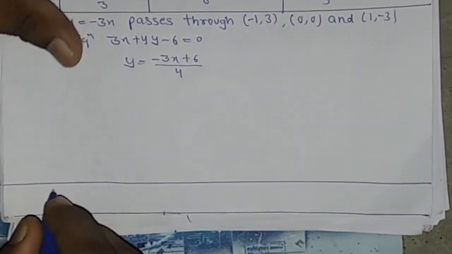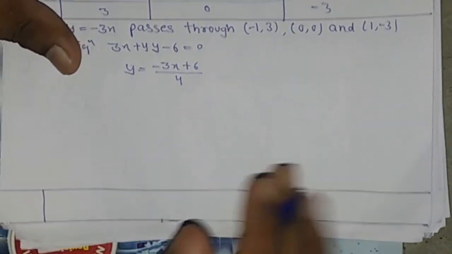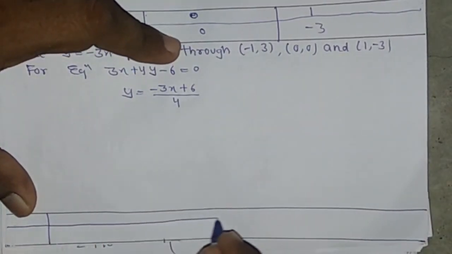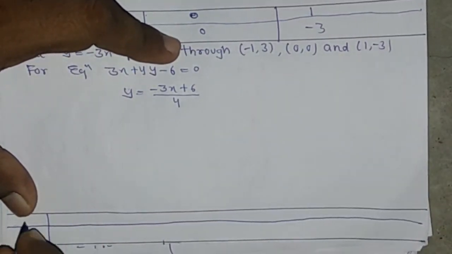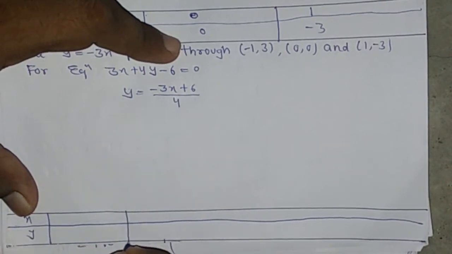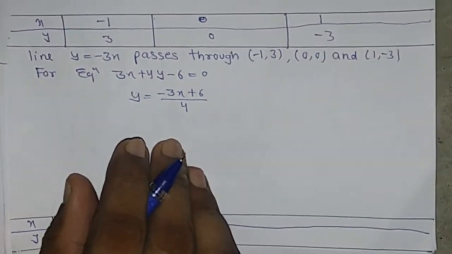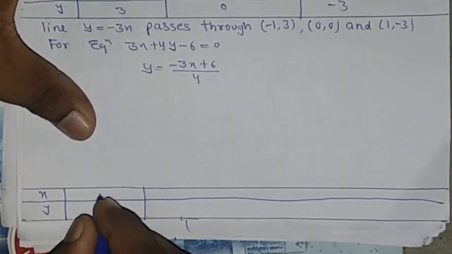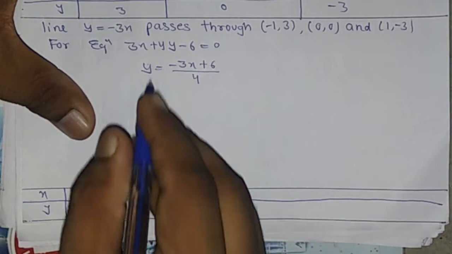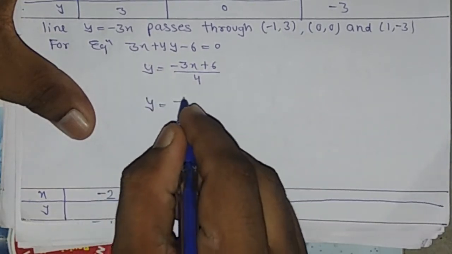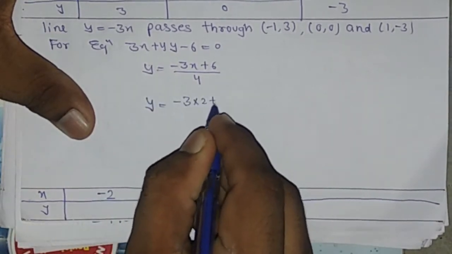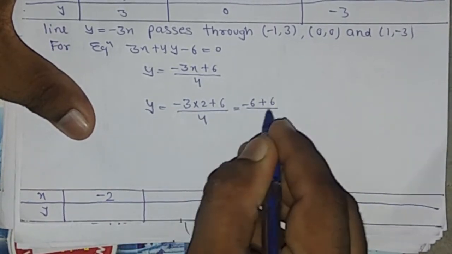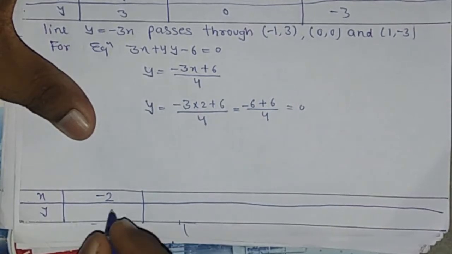Firstly we put x equal 2. We have y equal minus 3 into 2 plus 6 by 4, means minus 6 plus 6 by 4. Value of y equal 0.